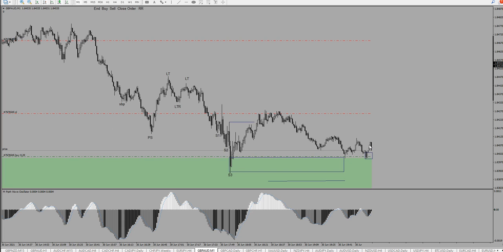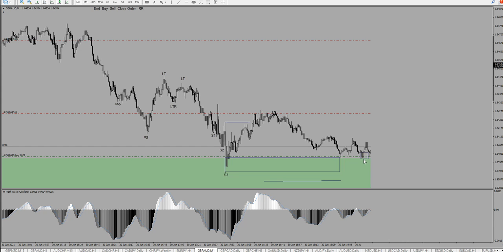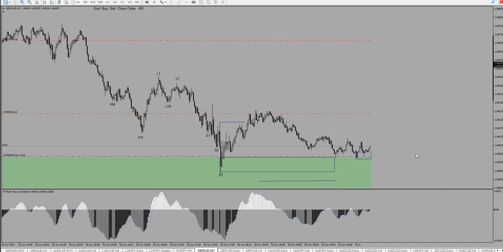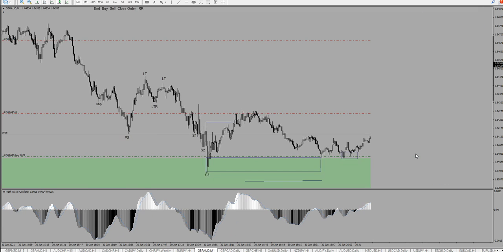It's just a lower time frame, but I did not enter here because I was asleep at that time. So you can see our pending order was activated at this level, and then price moves in our favor.